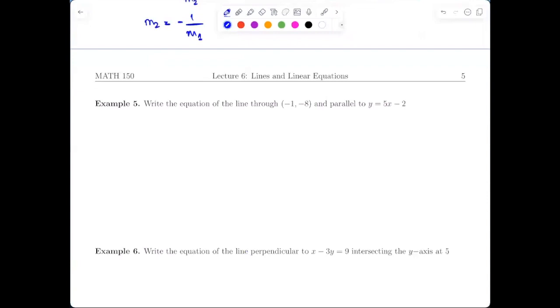I consider the line L of the form y minus y0 equals m times x minus x0, and this line is parallel to y equals 5x minus 2.